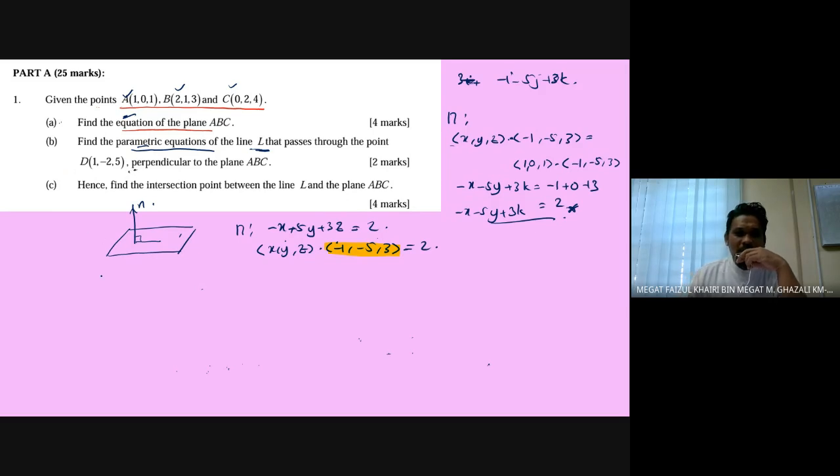So can we just simply, okay, if this is the equation of a straight line L, r equal to a plus scalar t times v, can we just simply take this n as our v here?